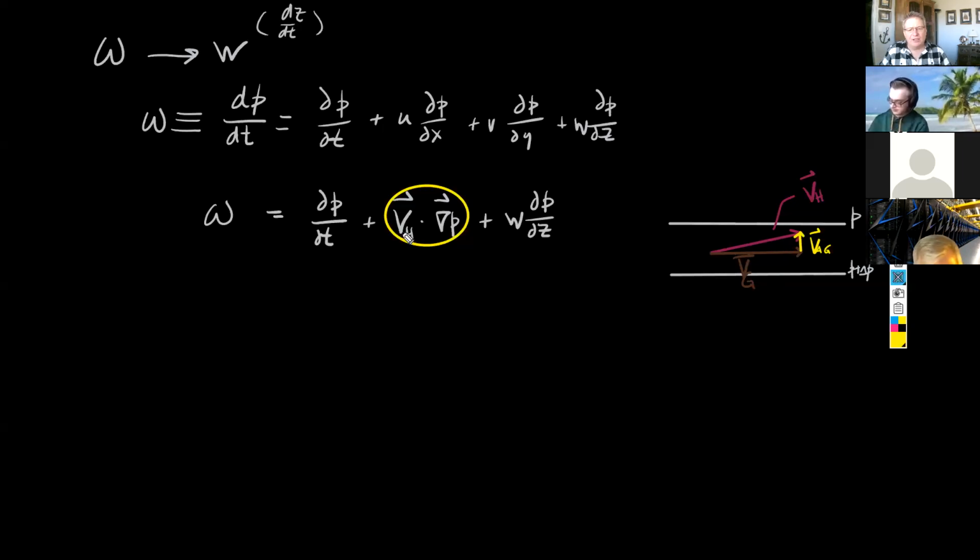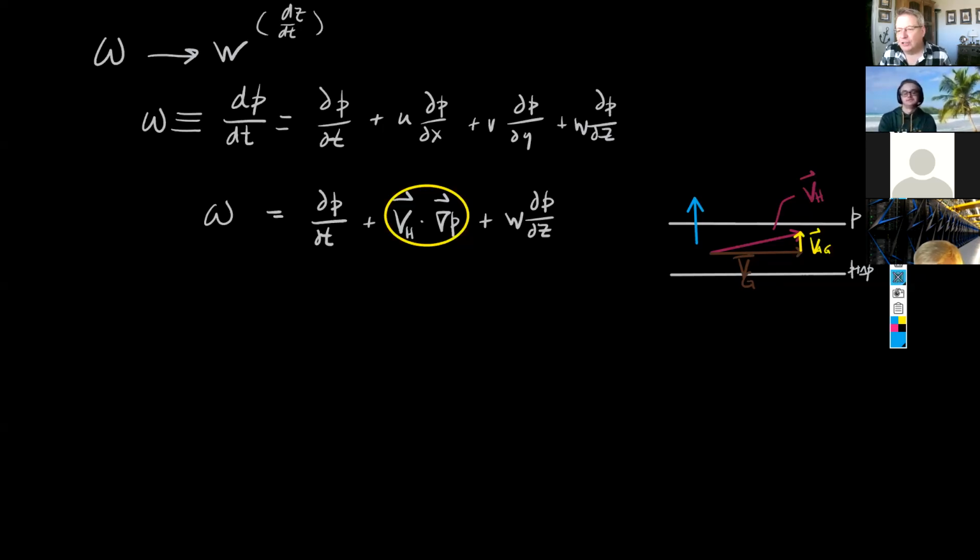Do you understand this? I'm waiting for Nick. Oh, are you looking at me, Nick? Yeah, I am. Oh, okay. I thought you were writing something down. This is the advection of the pressure gradient. The pressure gradient force points which way? From high to low. Okay.